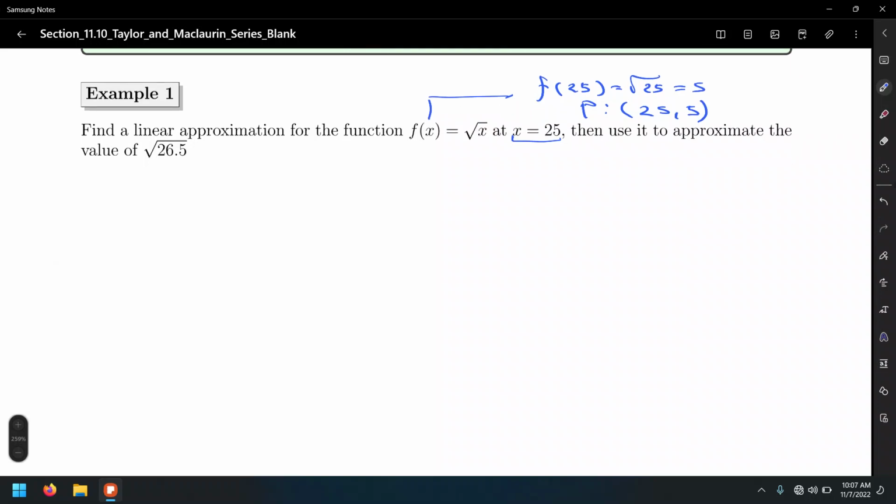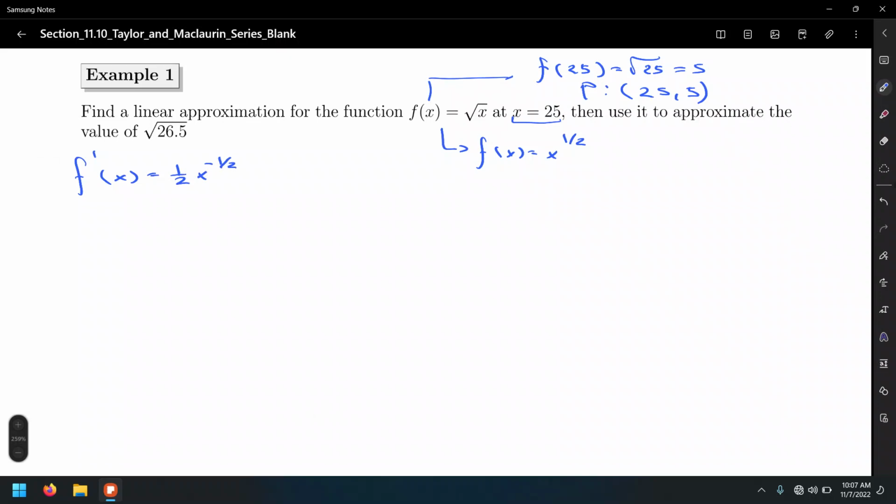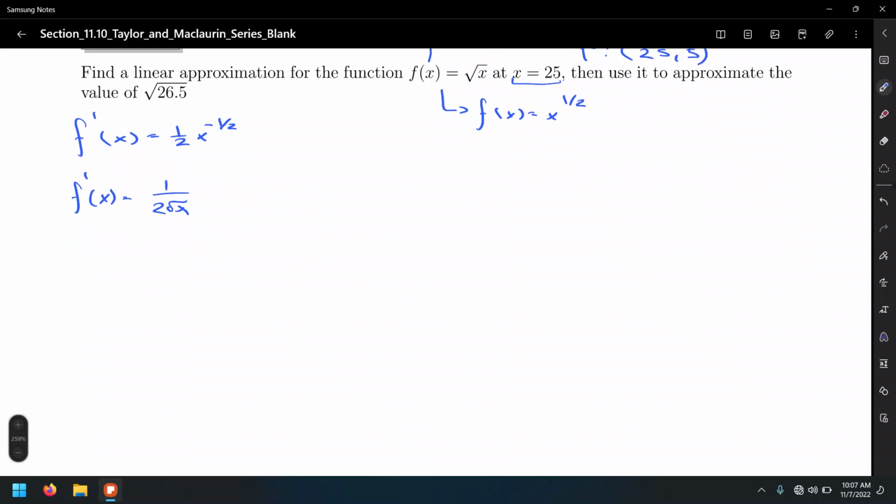That's the point at which we will find the equation of the tangent line. We need the slope, and to get the slope we need to find the derivative. We need to rewrite f of x as x to the 1/2, since we cannot differentiate the square root of x as is. The derivative is 1/2 x to the negative 1/2. Let's rewrite it in a nicer way: f prime of x equals 1 over 2 root x.